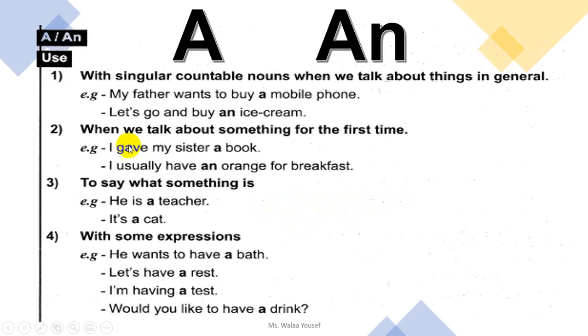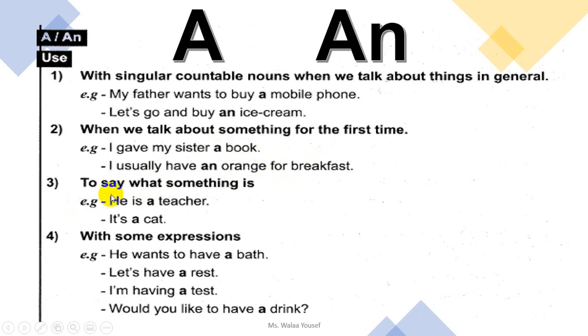Number two, when we talk about something for the first time, when we mention anything for the first time. I gave my sister a book. I usually have an orange for breakfast. We didn't mention these two words before.